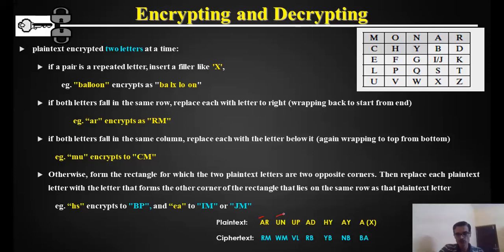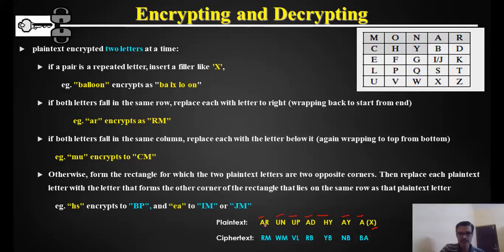UN, no problem, UP, AD, HY, AY, and I left only one single A at the end. So we have to use a filler because I have to represent that as a pair of two letters, that is digraphs. So I include X, a filler letter, and I converted the last single alphabet also into a digraph.